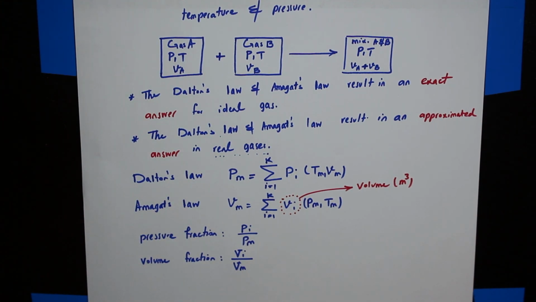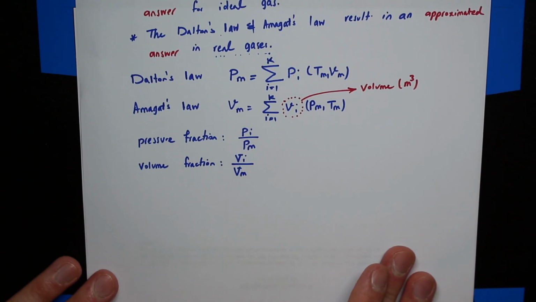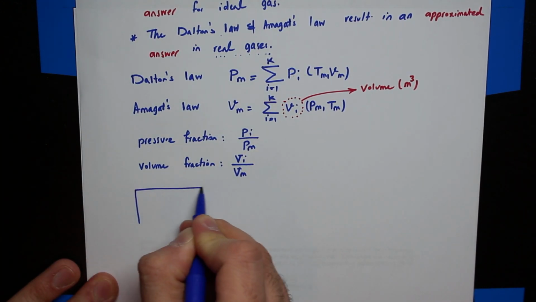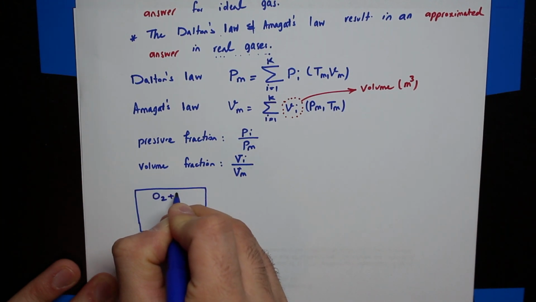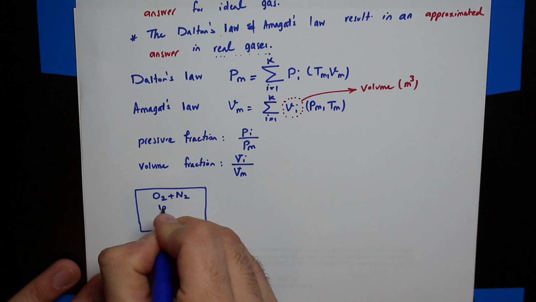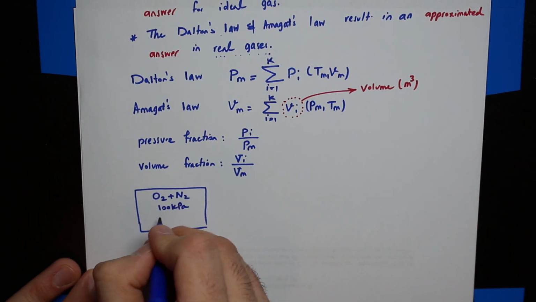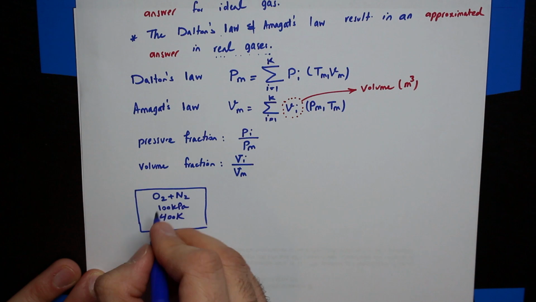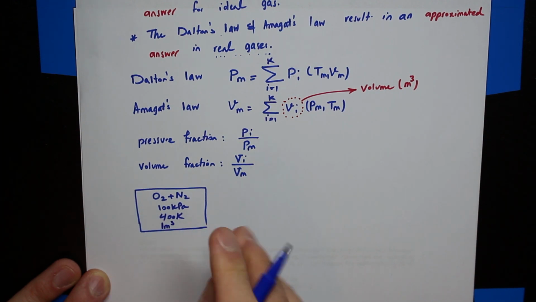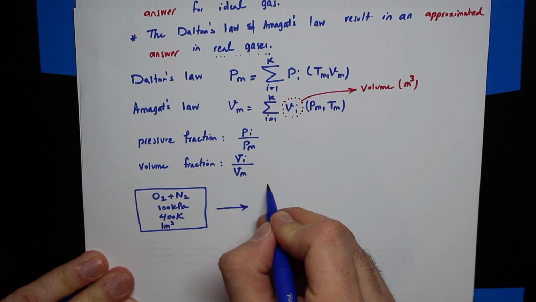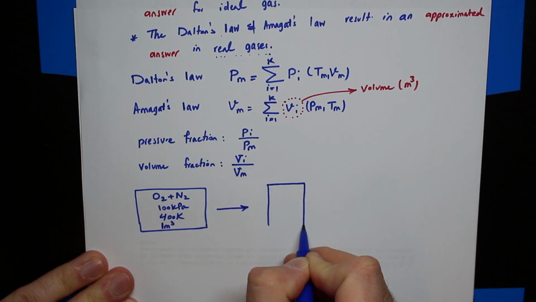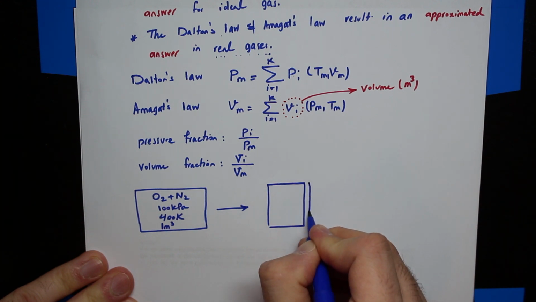So I can provide one simple schematic that shows Amagat's law. For example, let's say I have this mixture of oxygen and nitrogen at 100 kPa, 400 Kelvin, and 1 meter cube. According to Amagat's law, this can be the mixture of these two systems.